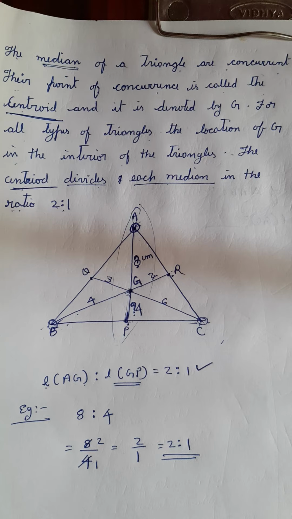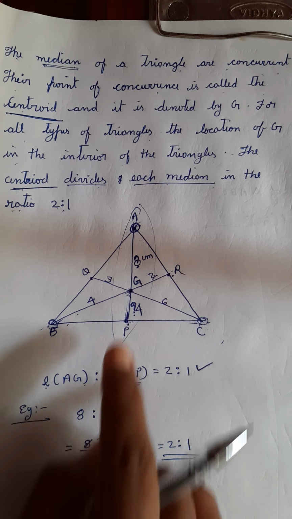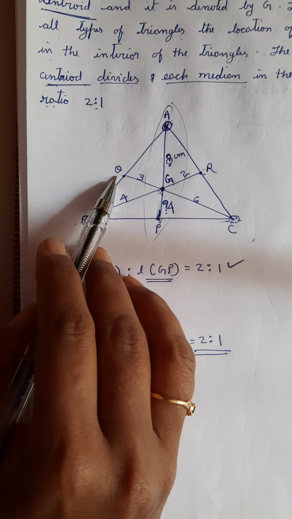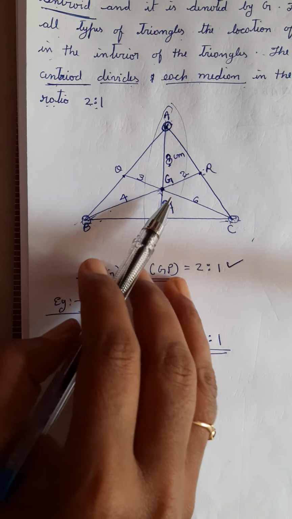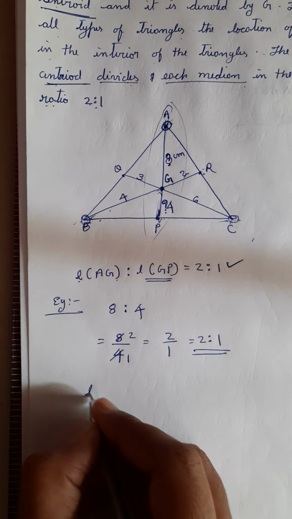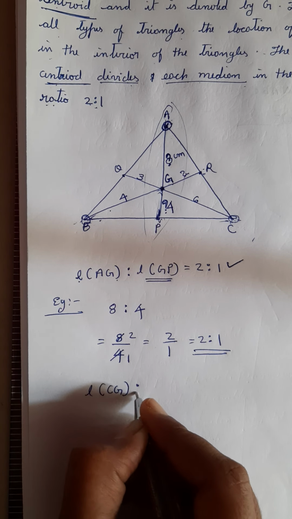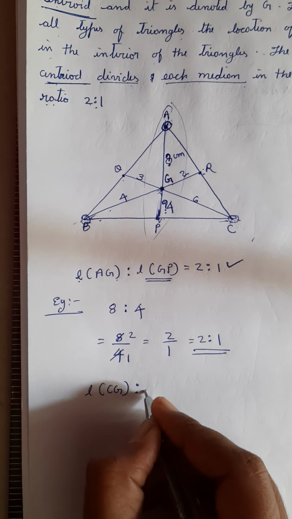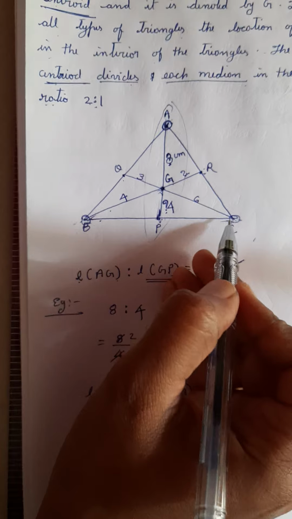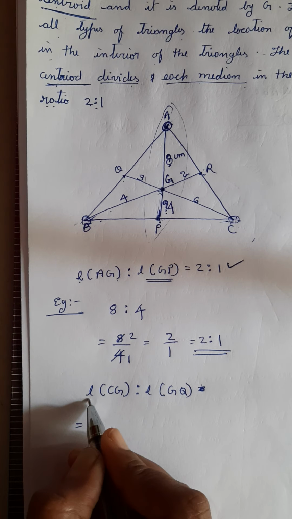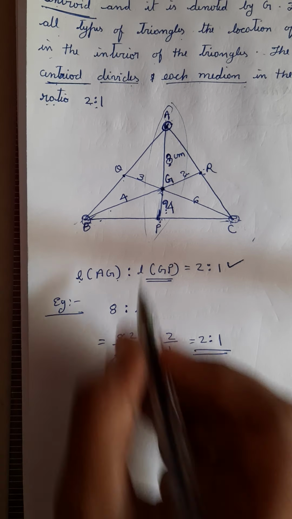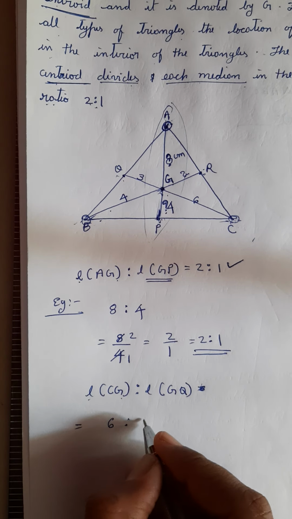So this is the concept. Similarly, another example: in median QC, the bigger length will be vertex to G, CG. So the length of CG is to the length of GQ. The length of CG is taken as 6, and the length of GQ is 3.